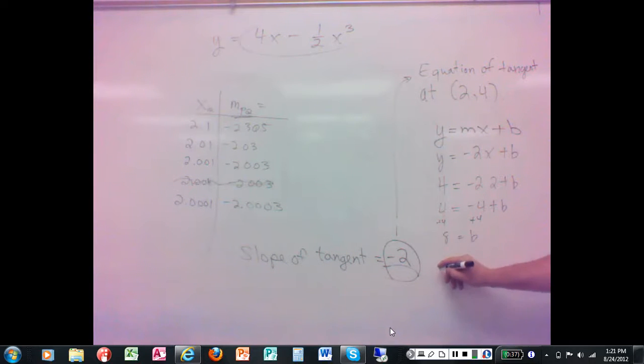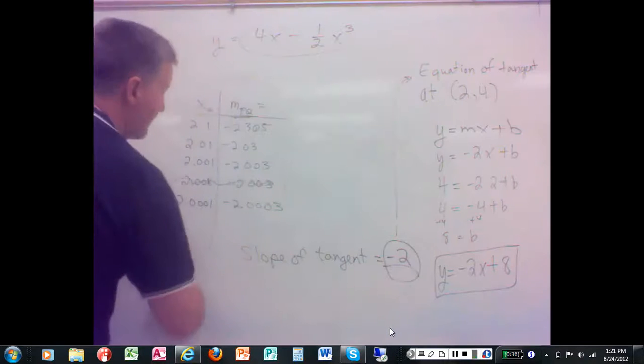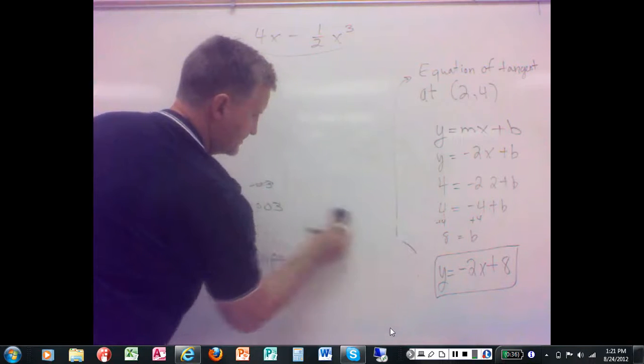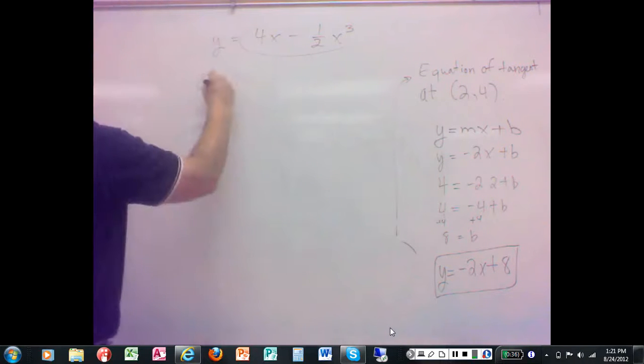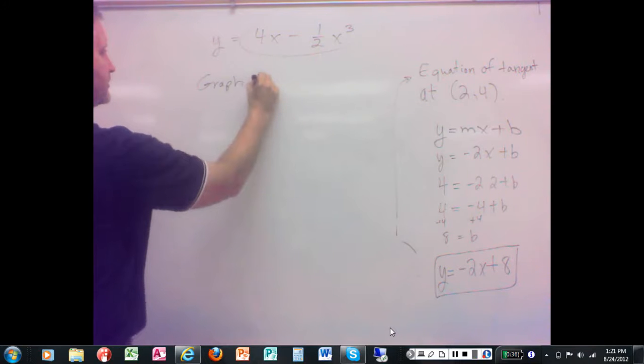So my equation of my tangent line is y equals negative 2x plus 8. And like I said, let's go ahead and check it. Let's graph both the equation and the tangent line there.